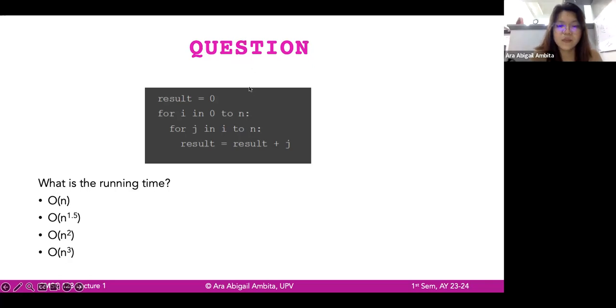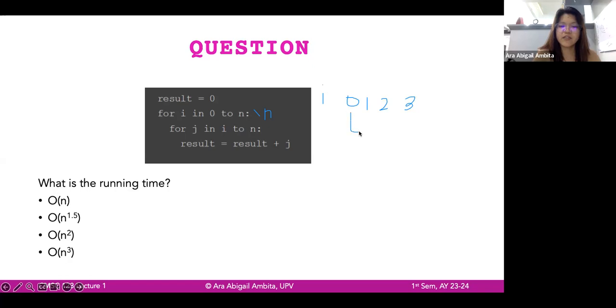Let me just write it down, annotate it. So for example, if you have 0, 1, 2, 3, and this is for the value of i.